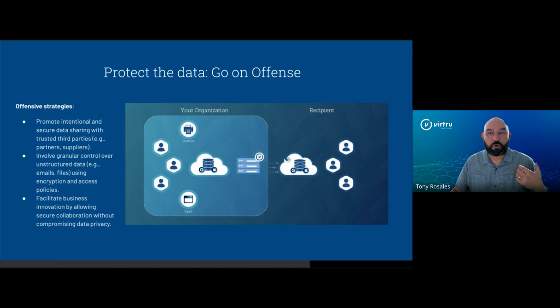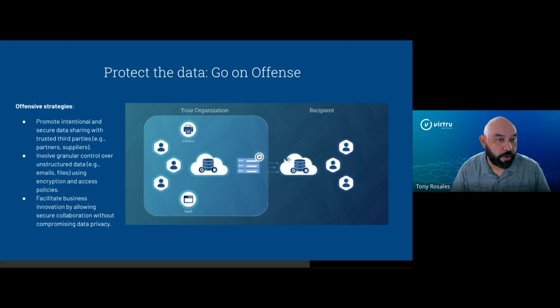Ultimately, what we're trying to do at Virtru, and what we feel is the appropriate methodology of thinking, is really being able to allow you to go on the offense with this information, right? Being able to share it with the same peace of mind and satisfaction that your defensive security strategies are offering you, right? Being able to take that information and send it off to third-party suppliers, vendors, customers, whoever you really need to work with.